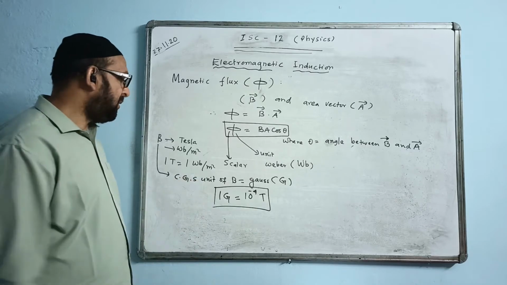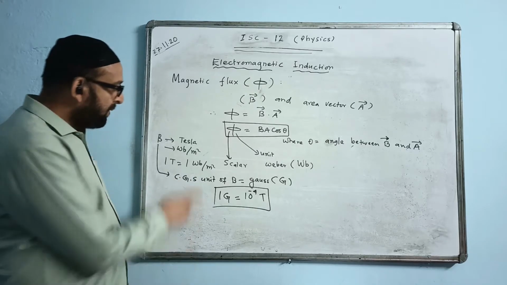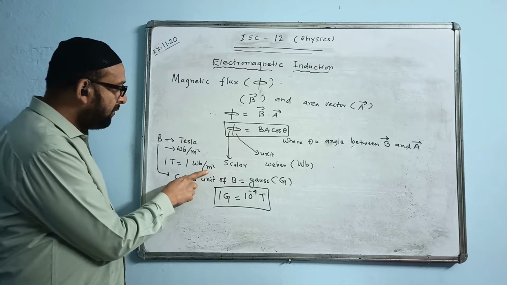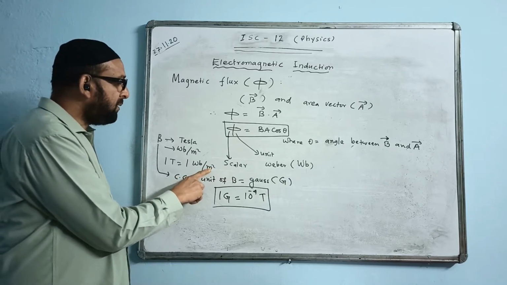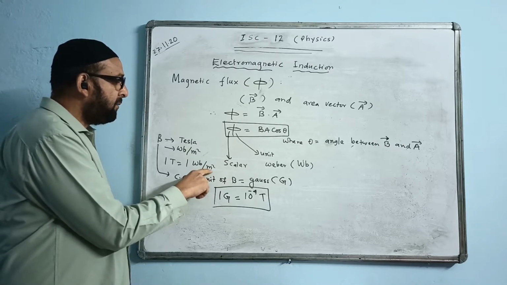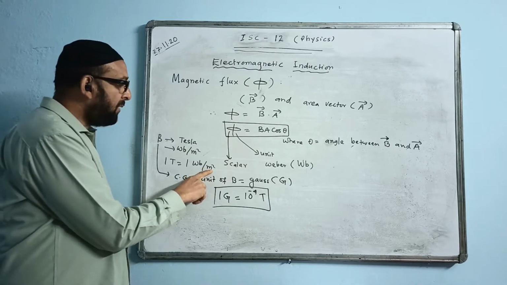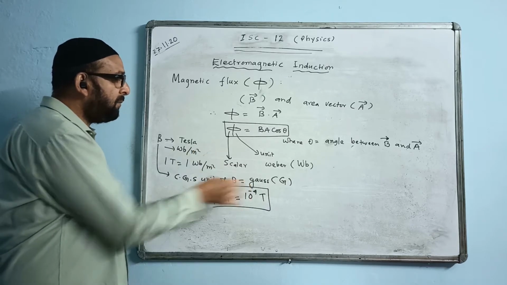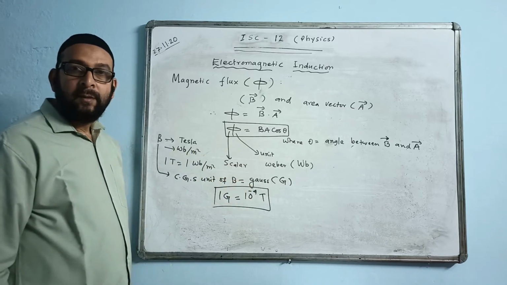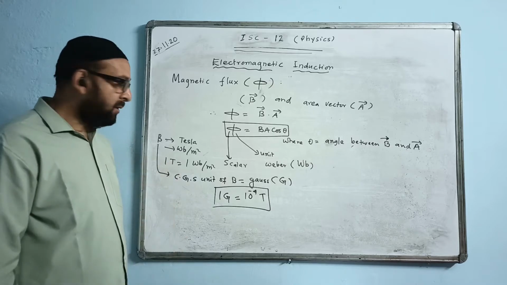Why does this happen? There is a reason behind it. This meter square we are changing into centimeter square. How do we change? A meter is 100 centimeters, so 100 square, that is 10 to the power of 4, will be taken up, and will become 10 to the minus 4. From centimeter square we are changing into meter square.